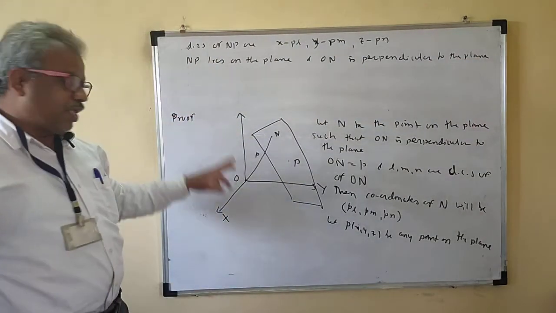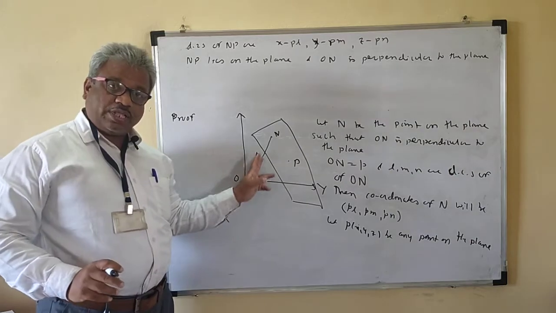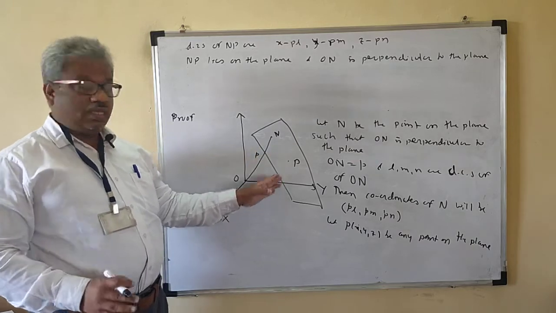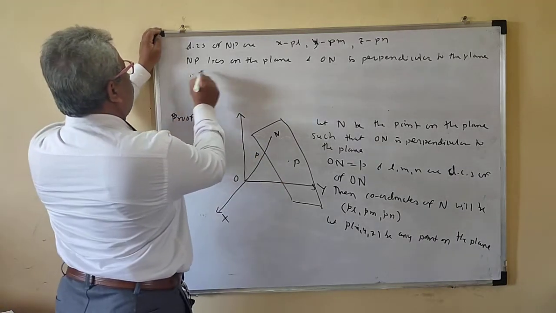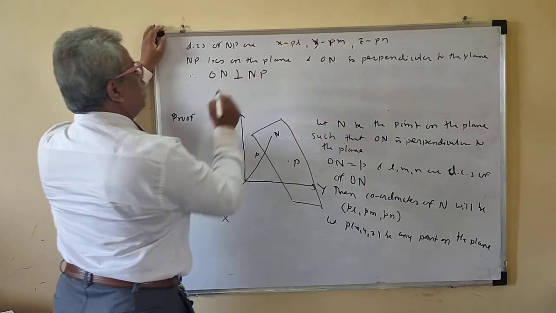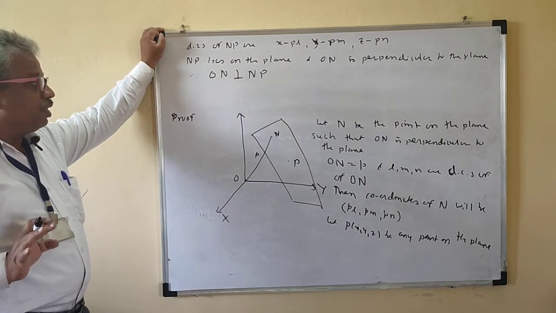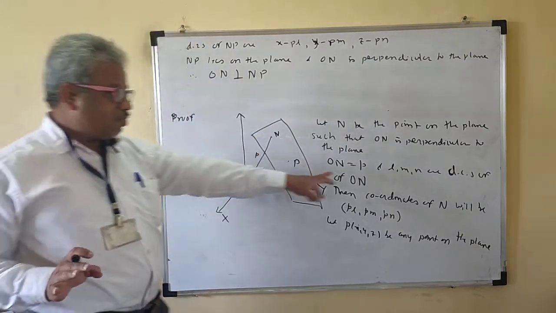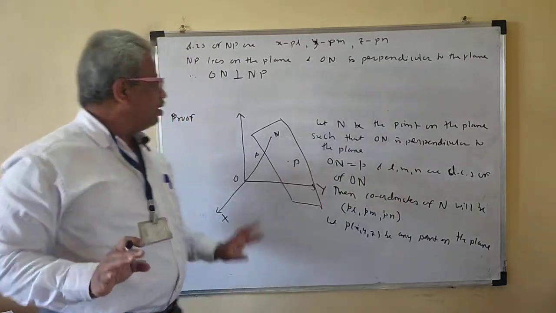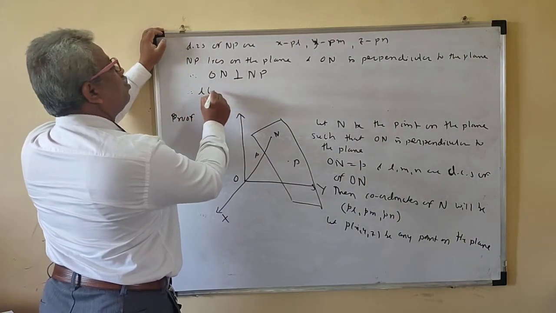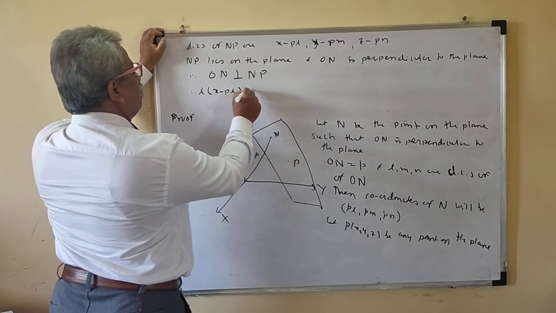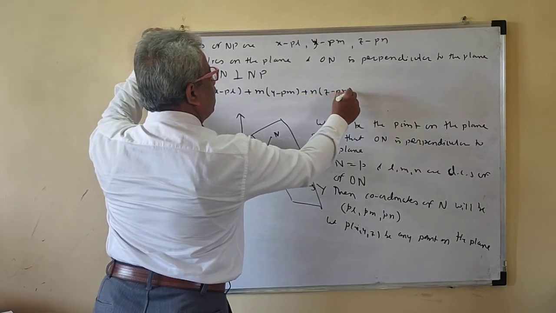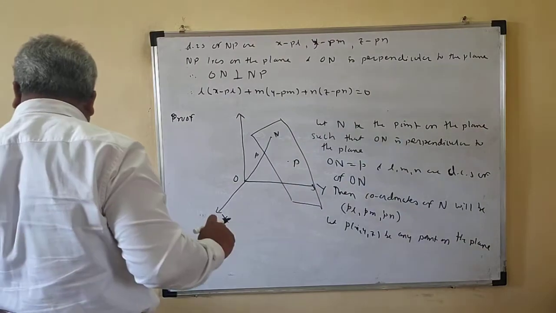ON is perpendicular to the plane, so any line on the plane is also perpendicular to ON. Therefore ON is perpendicular to NP. The DRs of ON are the DCs l, m, n. Therefore l into (x minus pl) plus m into (y minus pm) plus n into (z minus pn) is equal to 0.